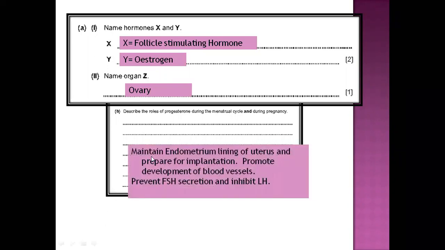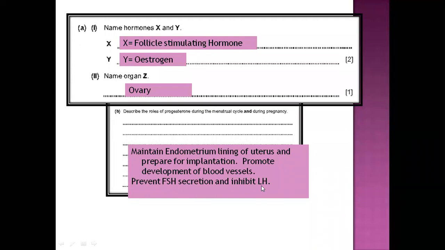You can see here: maintain the endometrium lining of the uterus and prepare for implantation, and promote development of blood vessels. And also remember, after ovulation this hormone also prevents FSH secretion and inhibits LH.